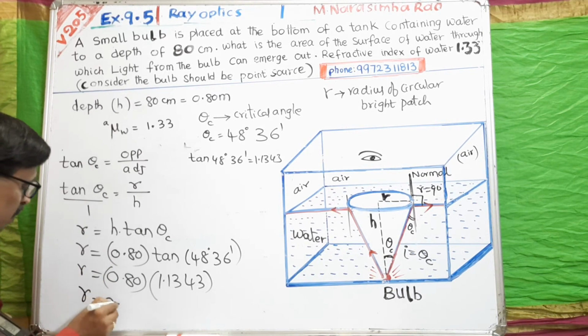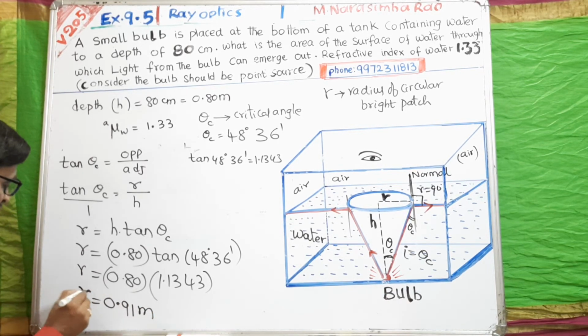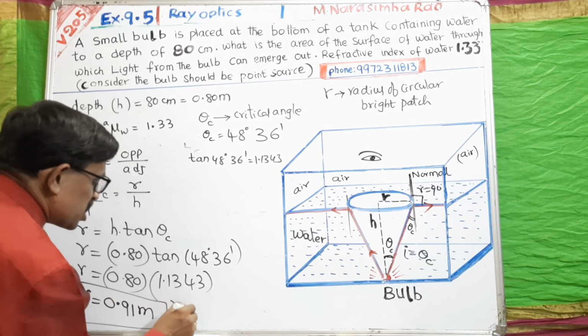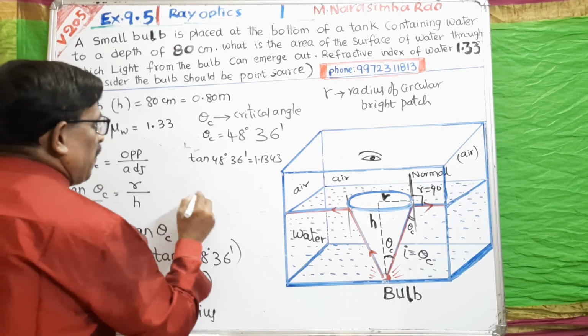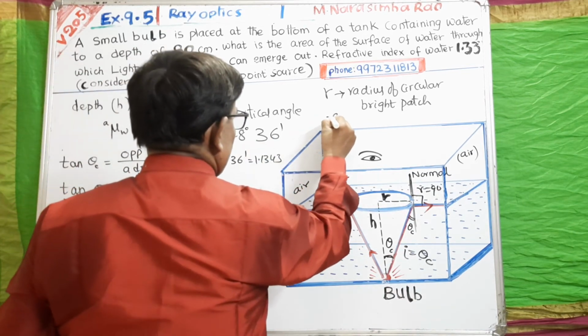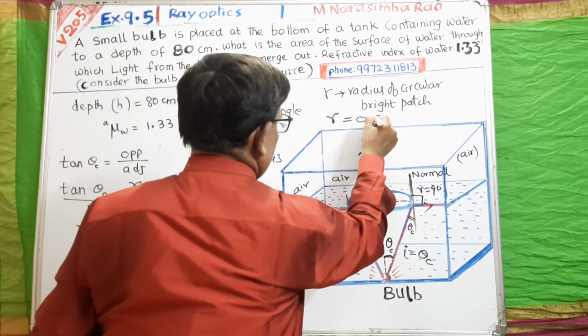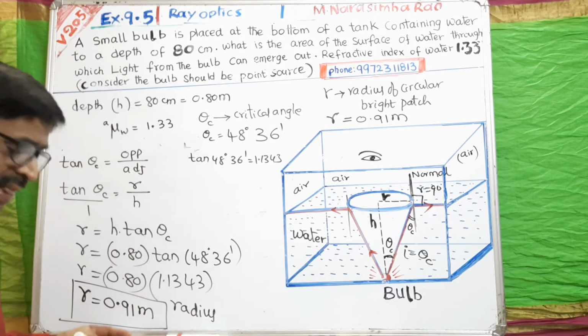R is equal to 0.91 meter. This is the radius of the circular bright patch. We got the radius of the circular bright patch as 0.91 meter.